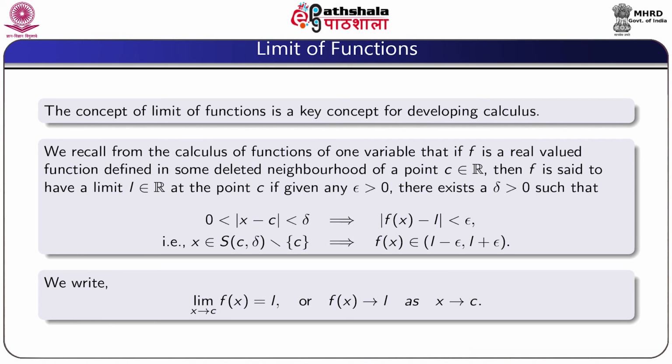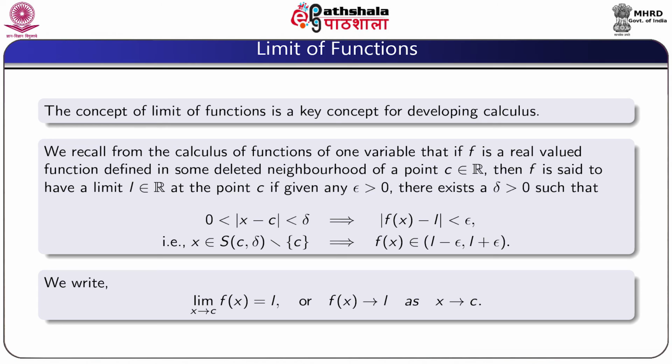Now, we are in a position to start the notion of limit of functions. We recall from the calculus of functions of one variable that if f is a real valued function defined in some deleted neighborhood of a point c, then f is said to have a limit L at the point c if given any positive epsilon there exists a positive delta such that 0 < |x minus c| < delta implies |f(x) minus L| < epsilon.